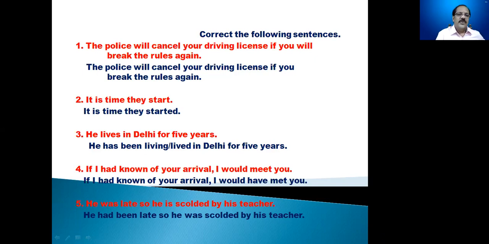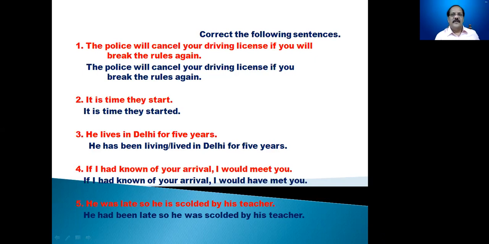He was late, so he is scolded by his teacher. When you look at the sentence, some part of the sentence is in the present form and some other part is in the past form. He was late is in the past tense, he is scolded by his teacher is in the present tense.